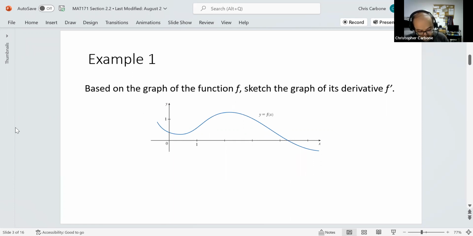One of those is right about here at this vertex. This right here is where the slope is equal to 0. Likewise, another one is right here. Again, slope here is 0.